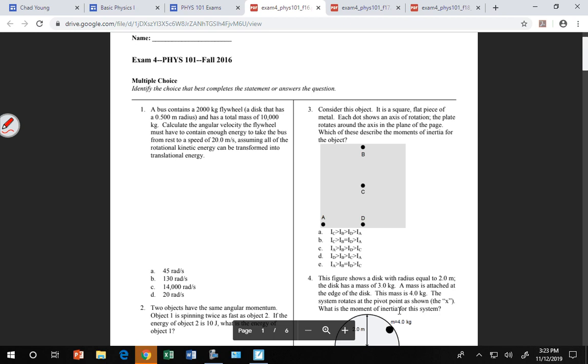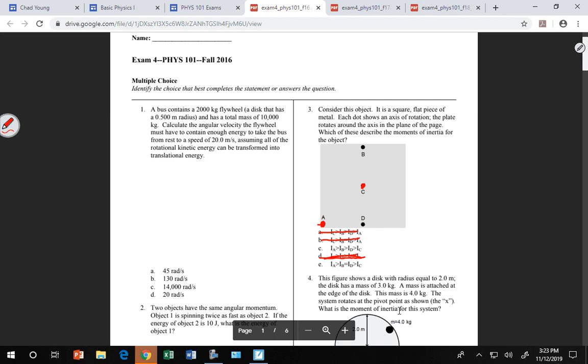What's the biggest? A is the biggest, because at point A, look, I got all that mass at a far distance from A. That's as far away as I can get my mass from the axis of rotation. So A is the biggest. Which is the smallest? C, right? C is the smallest. So that gets rid of this one, and this one.